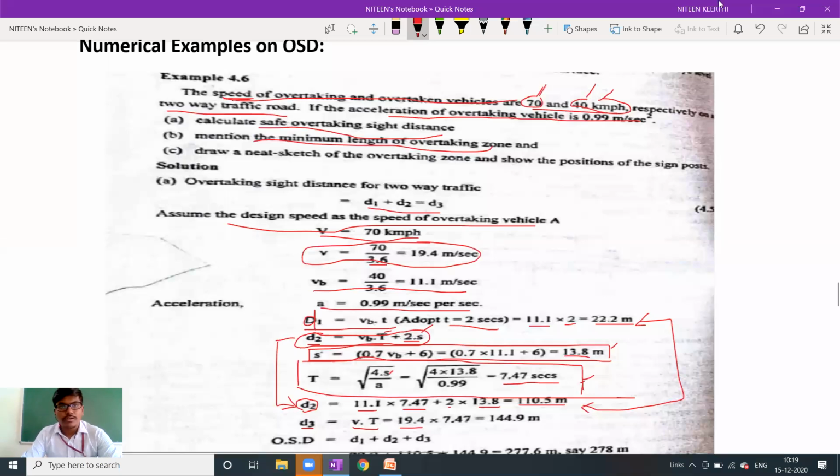In the question he has clearly mentioned the speeds of the overtaking vehicle and overtaken vehicle respectively. So if you want to determine small VB, see the speed of the overtaken vehicle, the vehicle ahead of you, which you are overtaking.